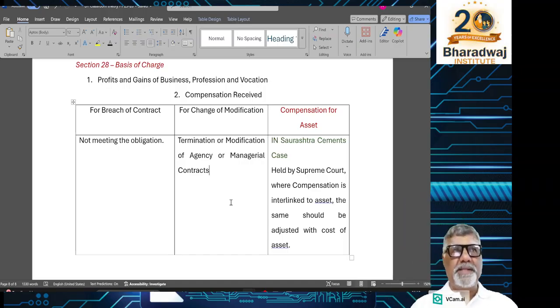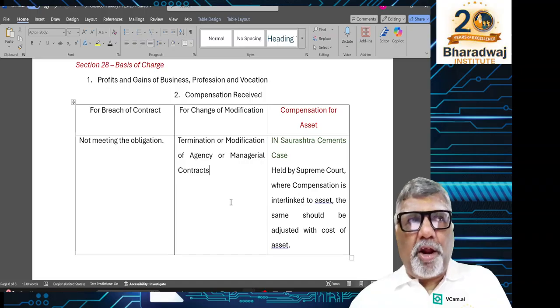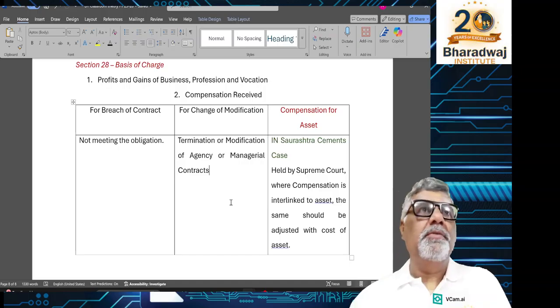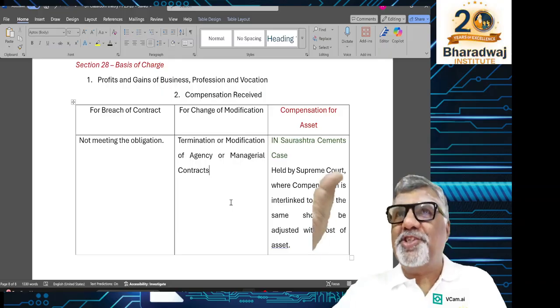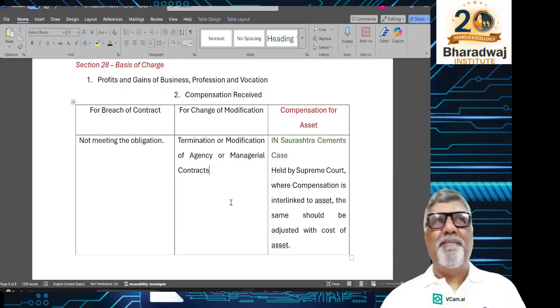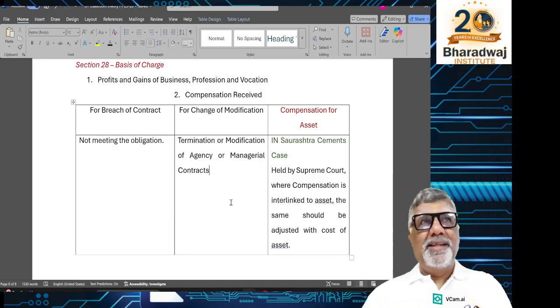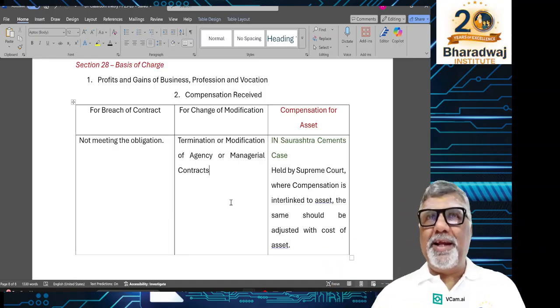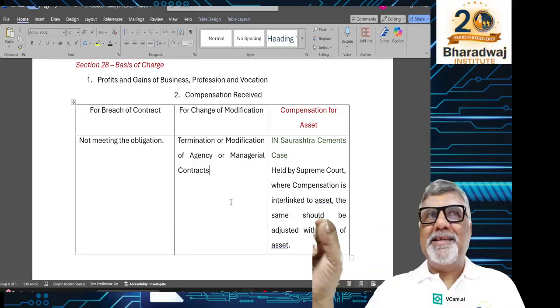Where compensation is concerned, this is a very popular adjustment in our questions. The assessee received 3 lakhs from the supplier of plant and machinery for delay in execution of the contract. The value of plant and machinery is 1 crore, on which depreciation of 15% is charged. This is how the adjustment will be. Now there are two things. This 3 lakhs, they have taken it to income. What we will do? Less.